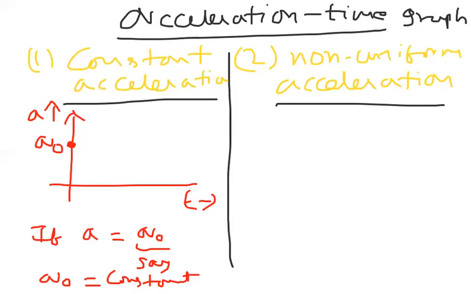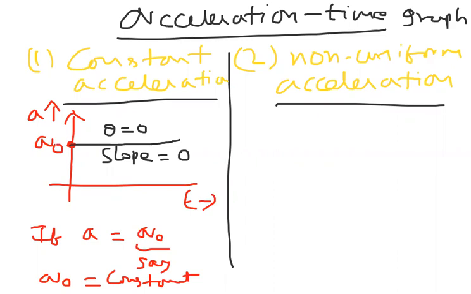The graph we get is a line parallel to the x-axis. Parallel to the x-axis means theta is equal to 0, so the slope is 0. There is no slope here, because the acceleration is constant.